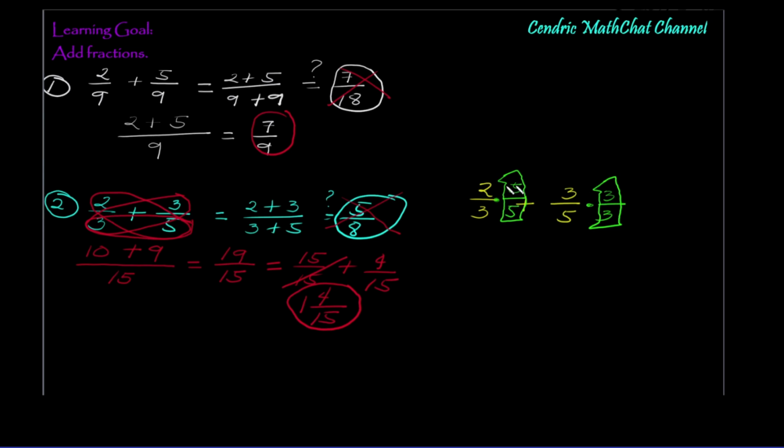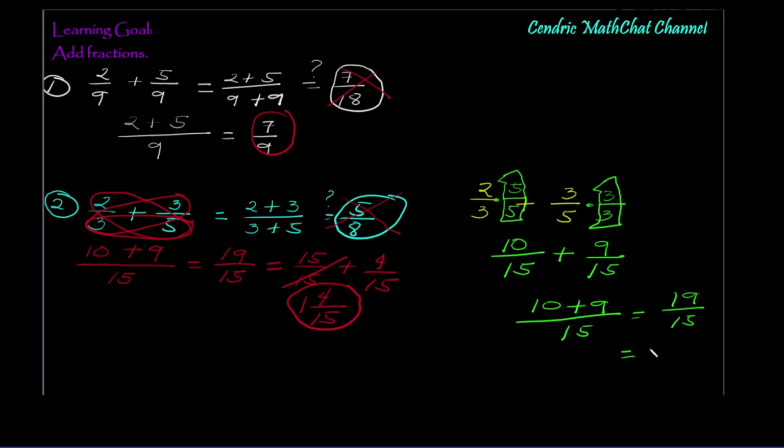So 2 times 5 will give us 10 15ths plus 3 times 3 will give us 9 15ths. 10 plus 9 over the same denominator will then give us 19 15ths, which is equivalent to 1 and 4/15.